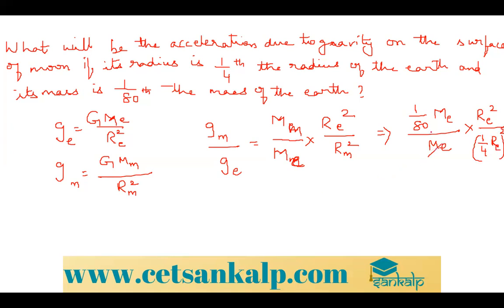So Me gets cancelled. So 1 by 80 into Re square divided by 1 by 16 into Re square.